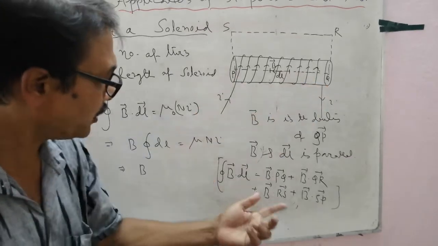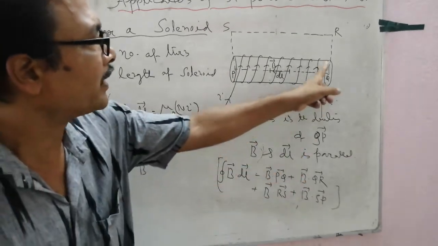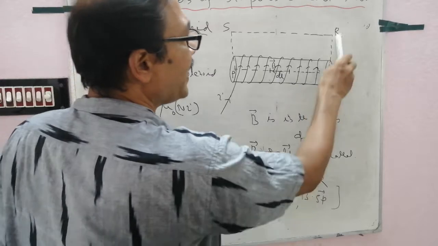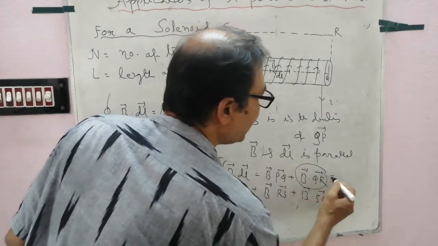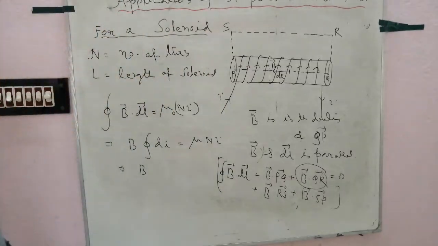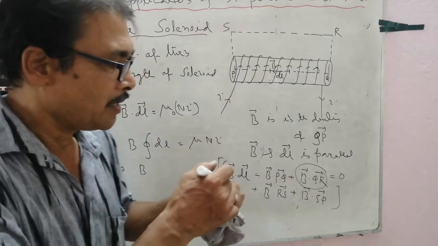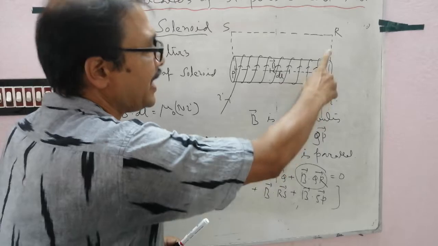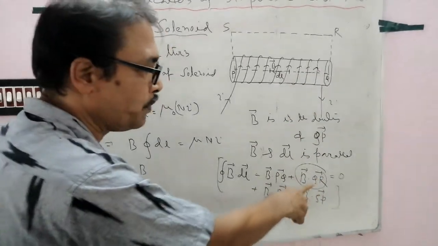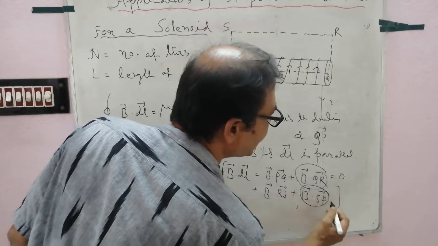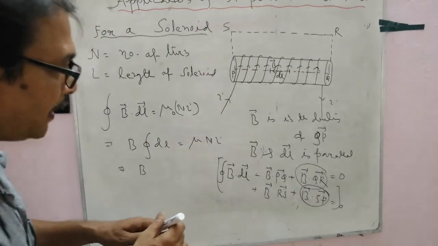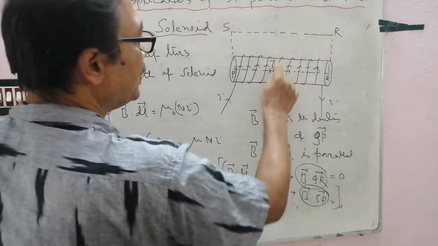B dot PQ, okay. B dot QR, follow, the direction of B and QR are perpendicular, so this is 0. B is in the direction QP, B and QR are mutually perpendicular, so it is 0. And B dot SP is also 0, B and SP are perpendicular to each other. But what is B dot RS?